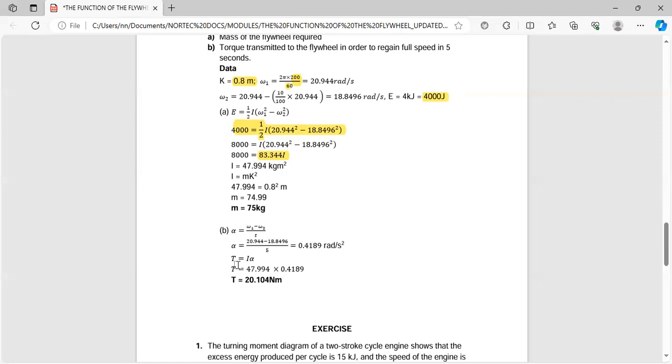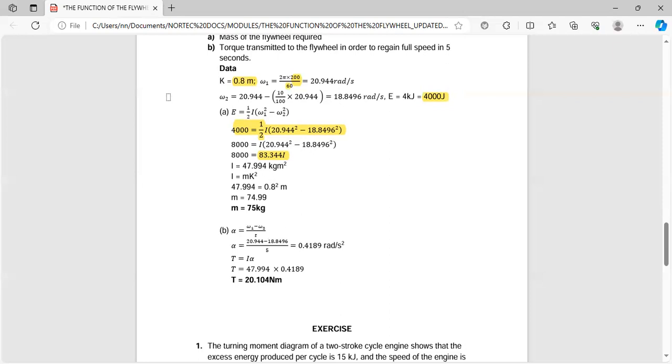Now, let's get one thing there. Okay, already I can see there's the need for updating our value here, because 8,000 divided by 83.344.